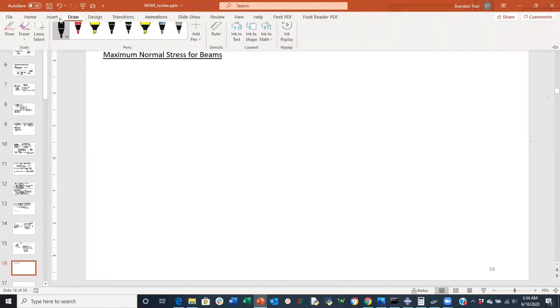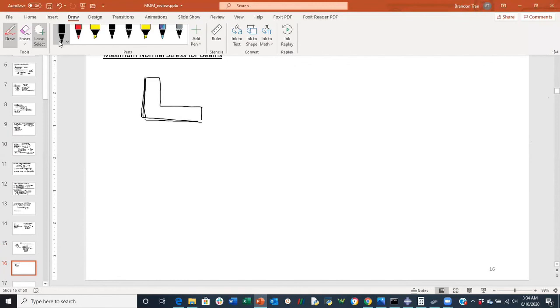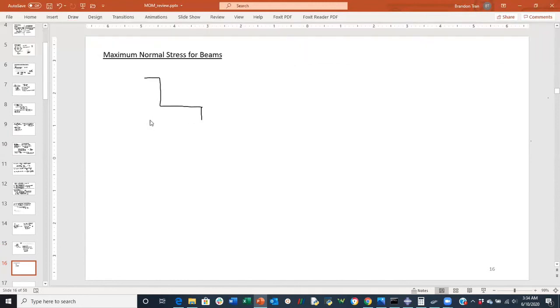Here, let's say we have some sort of, not really well drawn, L cross section, okay? And we're going to say that the centroid is somewhere around here.